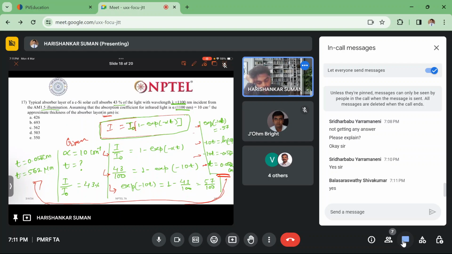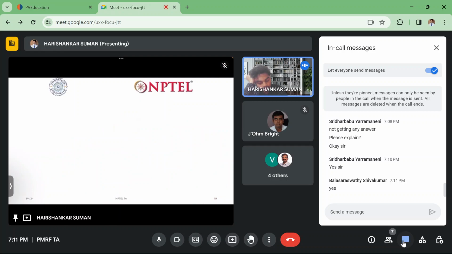So this is the last question. Please solve this question. The silicon solar cell has band gap 1.112 eV. Find the maximum efficiency of the silicon solar cell if the incident photon has wavelength 1300 nanometer.